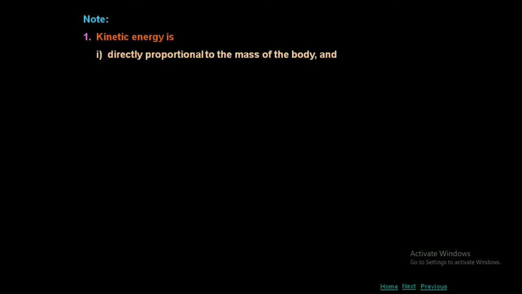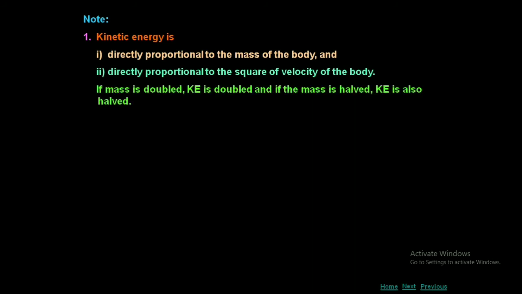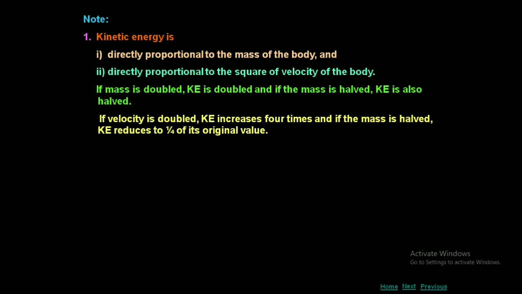You can see the kinetic energy is directly proportional to the mass of the body and directly proportional to the square of the velocity of the body. If you double the mass, kinetic energy will be doubled. If you halve the mass, kinetic energy will be half. Then students, whenever you find any result, try to analyze that result and try to find how a particular quantity depends on the given quantity.